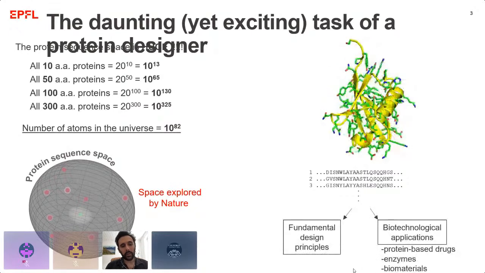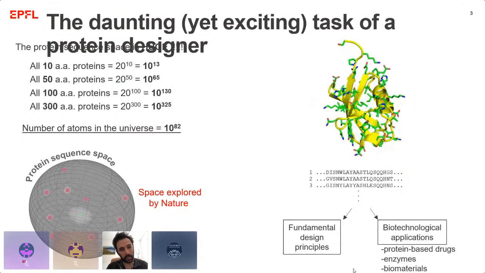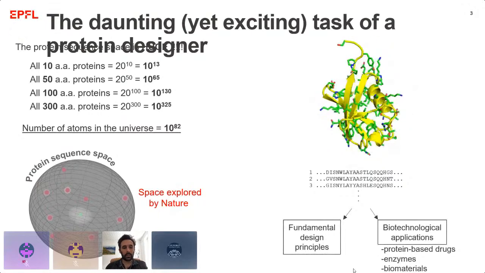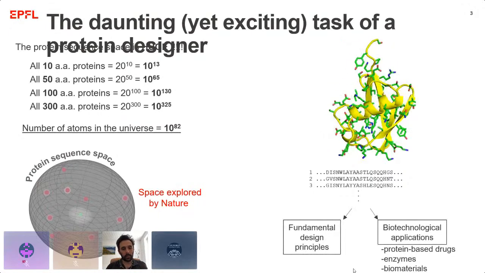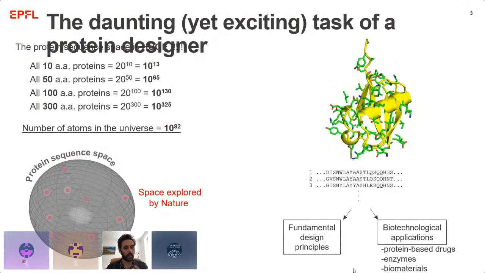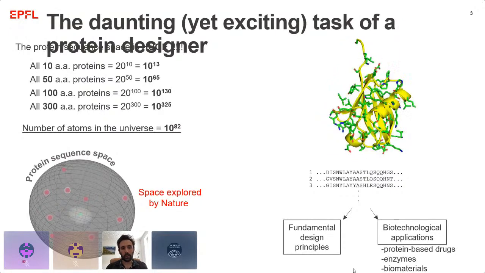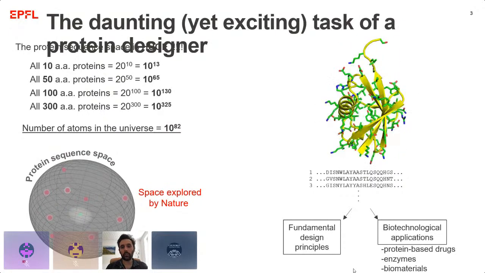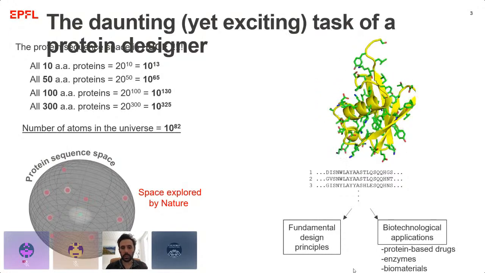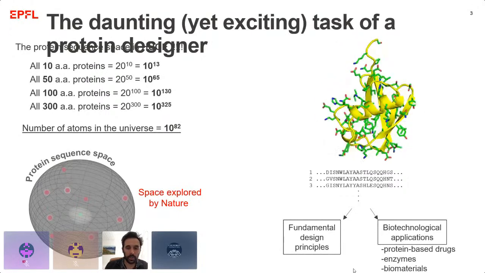Once you start engaging in these design efforts, you can ask a number of questions, either more fundamental design principles, in terms of trying to understand how proteins actually work and what their determinants for folding are, or a more biotechnological type of interest, where we start designing protein-based drugs, enzymes and biomaterials, for instance, amongst others.